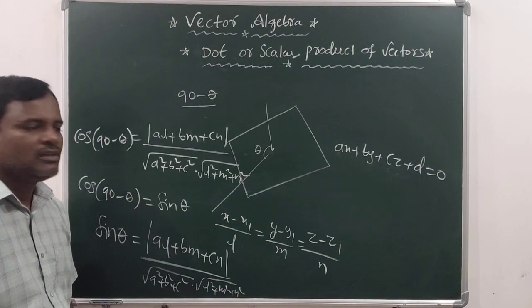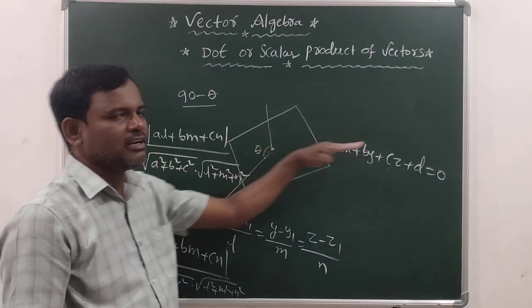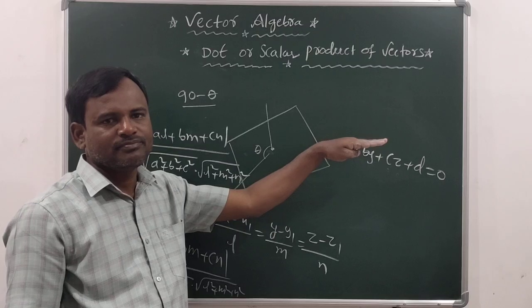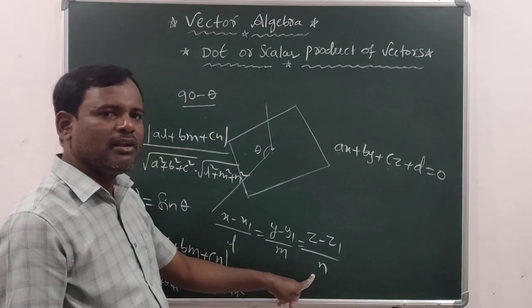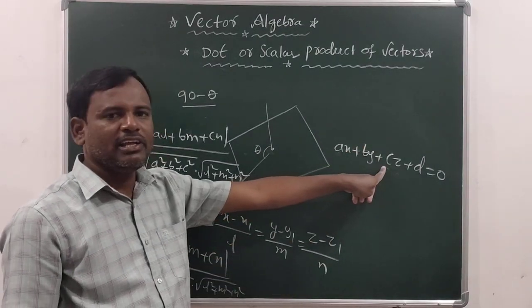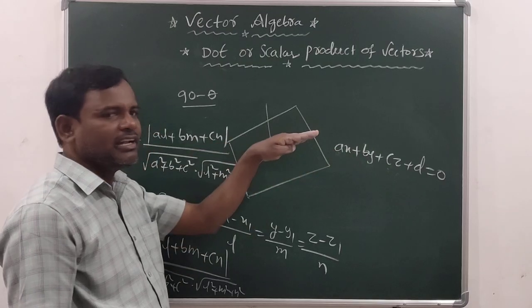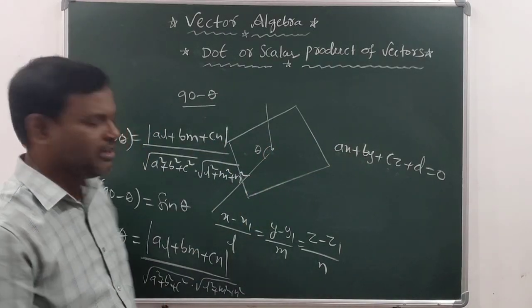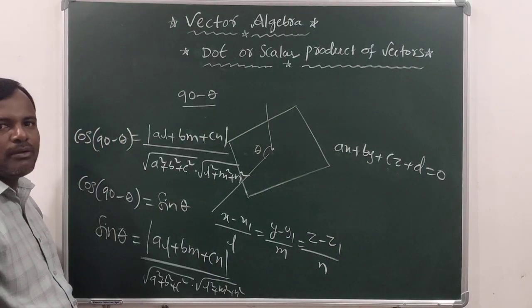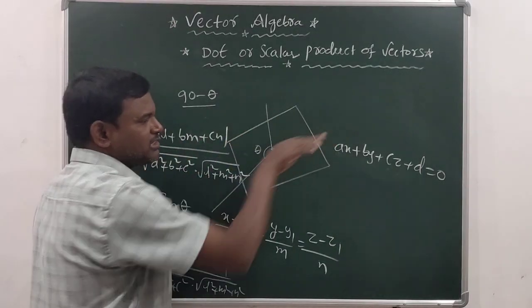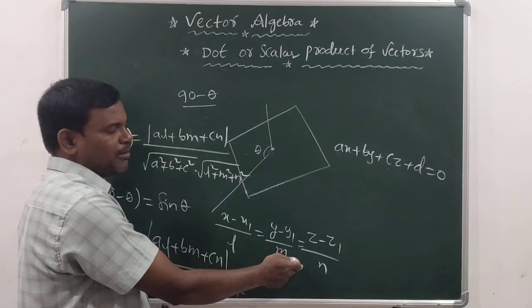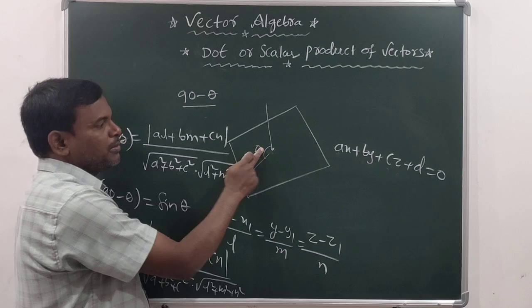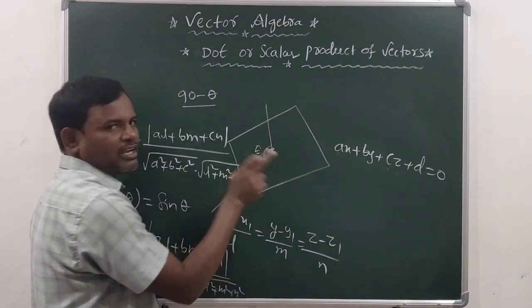Okay students, suppose this line is parallel to the plane, line DRs are LMN and plane normal DRs are ABC.